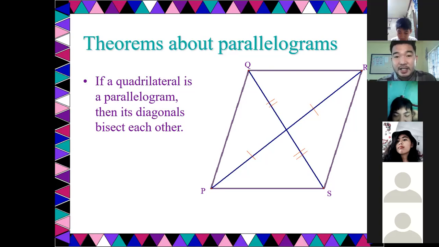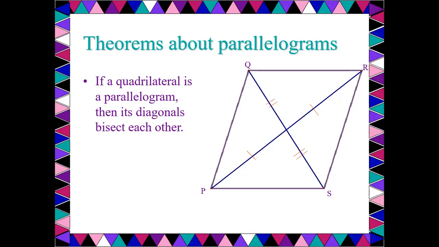All right. Thank you, VJ. Ayan. So sabi dito sa theorem, kapag daw ang isang quadrilateral ay parallelogram, yung kanyang diagonals binabisect ang isa't isa. What do we mean by bisect? Hinahati niya, ibig sabihin, hinahati sa dalawang magkamukhang parte.